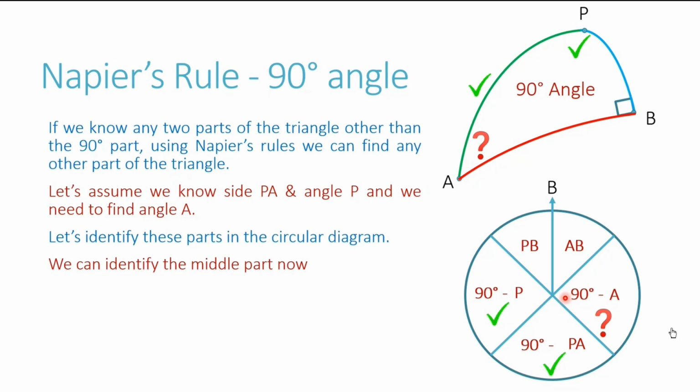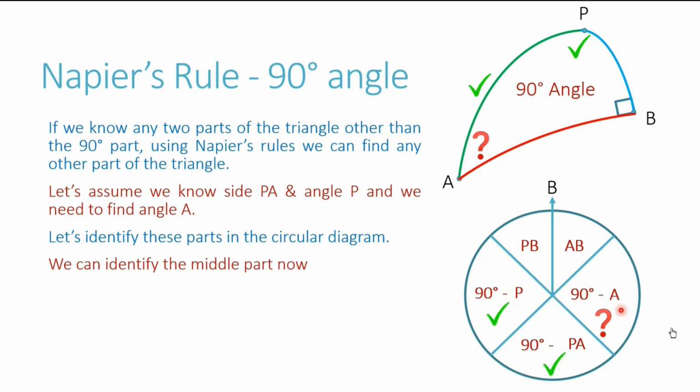Now, this does not suit our criteria. Our criteria is the remaining two parts should either both be opposite to it or both of them should be adjacent to it. If I pick up 90 minus P as my middle part, 90 minus PA becomes adjacent and 90 minus A becomes opposite. So 90 minus P cannot be picked up as middle part.